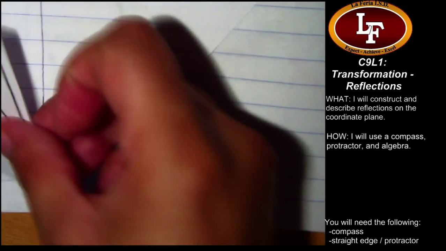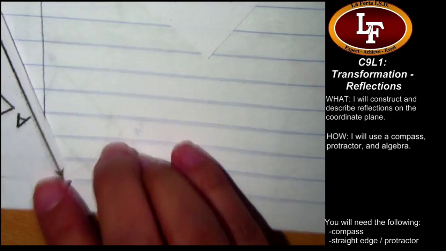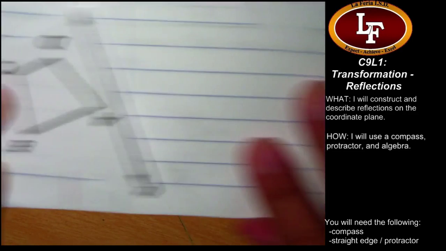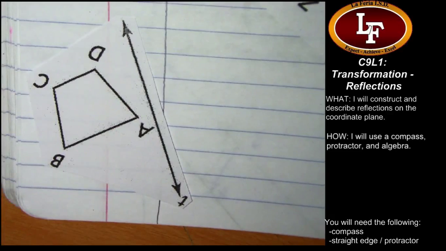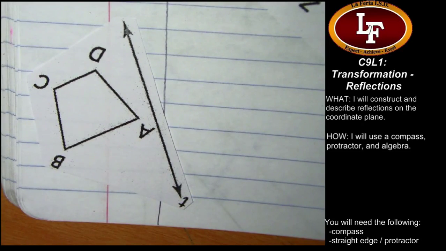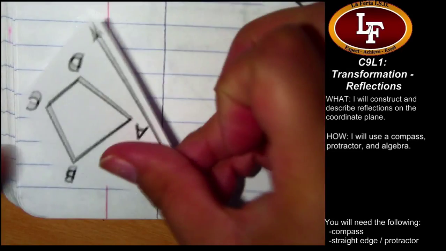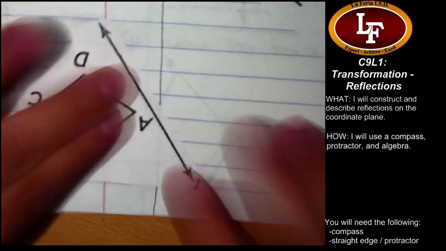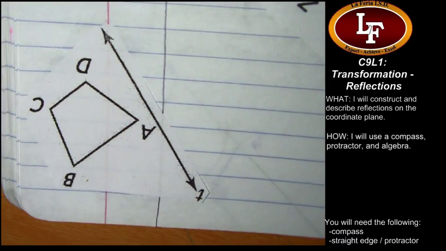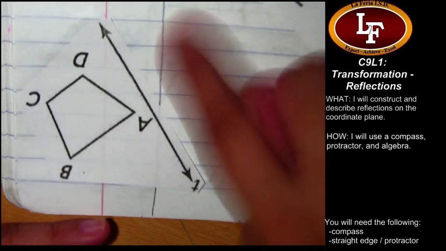All right, I trimmed mine a lot. Inside too? No, you don't have to do it inside the figure. All right, and I hope I'm not going to run into anything. I'm going to put it right here. That looks like it's going to be okay. It looks like I'm going to have enough room for that other figure right here.